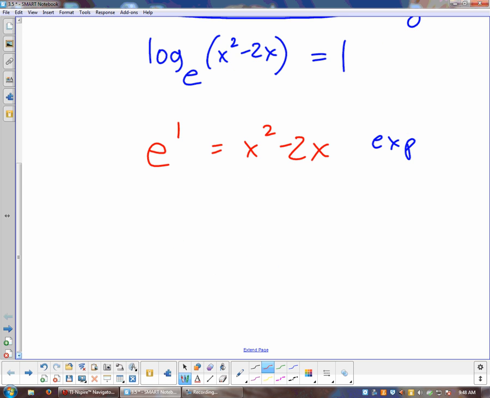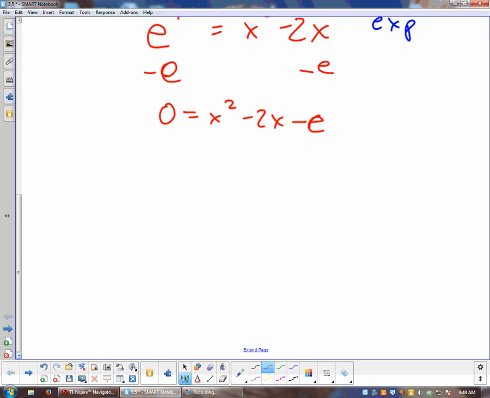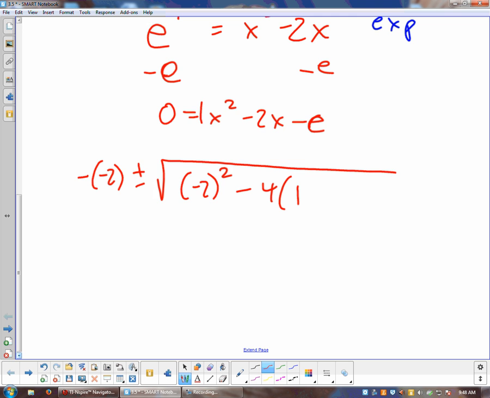And so then we would want to solve this. So I would subtract e from both sides. And so I would get 0 equals x squared minus 2x minus e. We could try and solve this by factoring, but that's not going to work. So we're going to need to use the quadratic formula on this. So we would do opposite of b, which would be opposite of a negative 2, plus or minus the square root of b squared minus 4 times a, which is 1, times c, which is negative e, all over 2a.